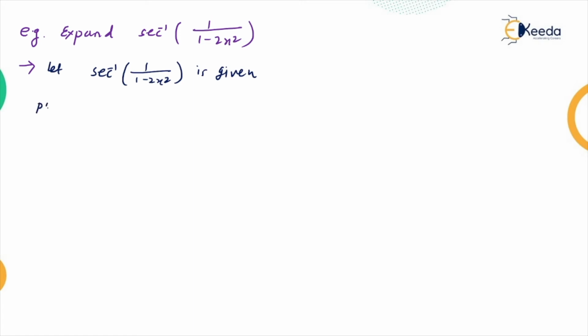So put in this equation by observing the first step, that is given. Here is a sec inverse, so for that I have to put x is equal to sin theta.